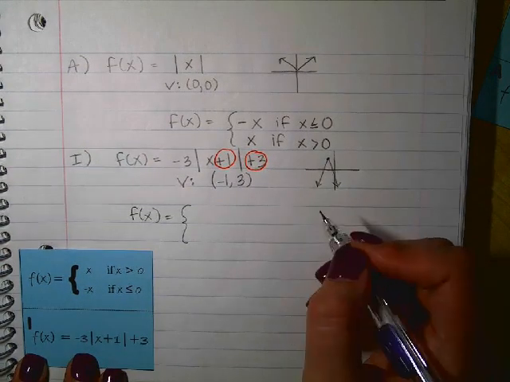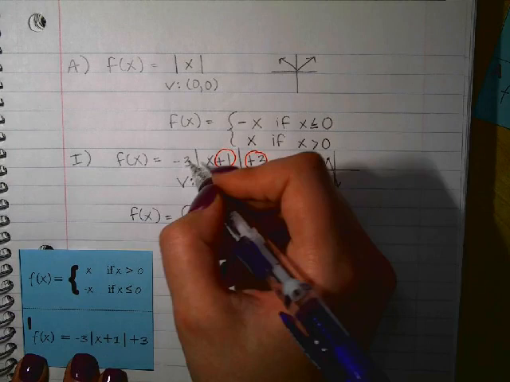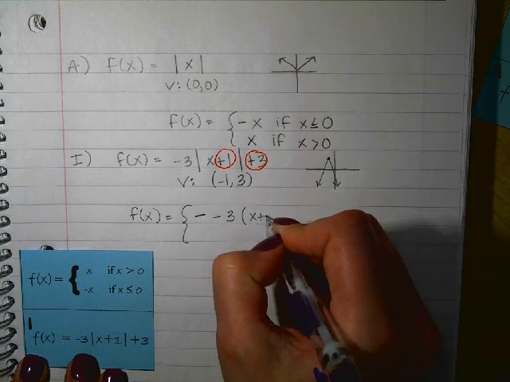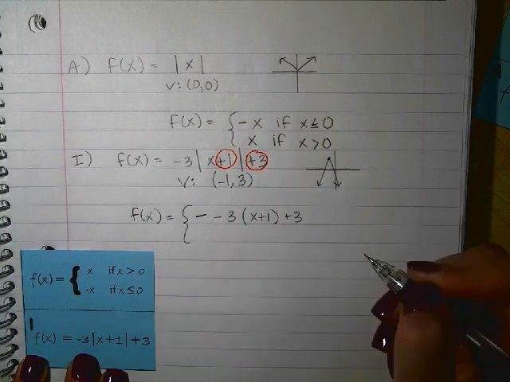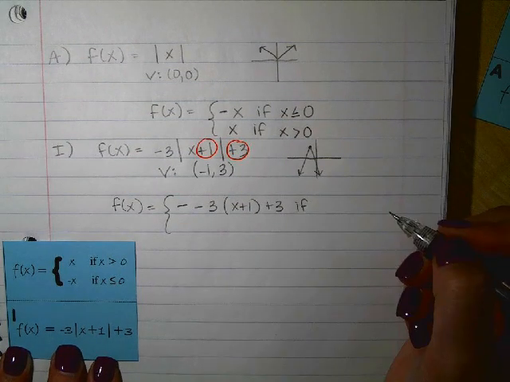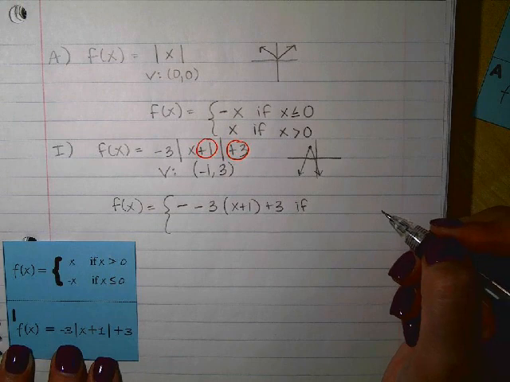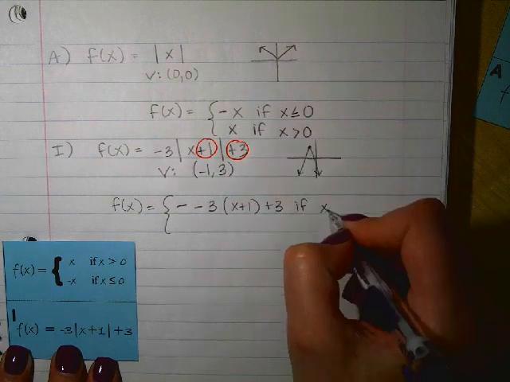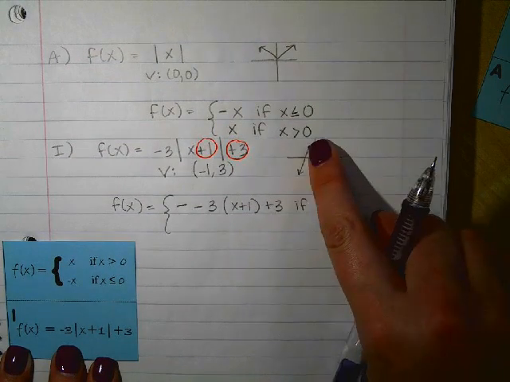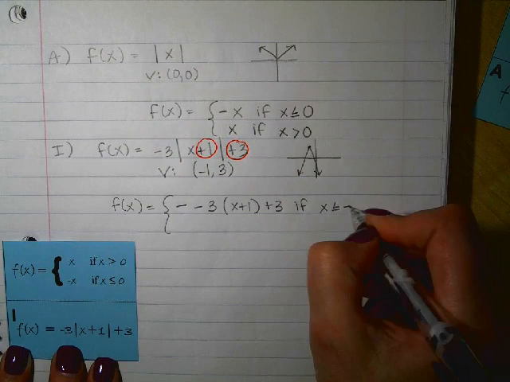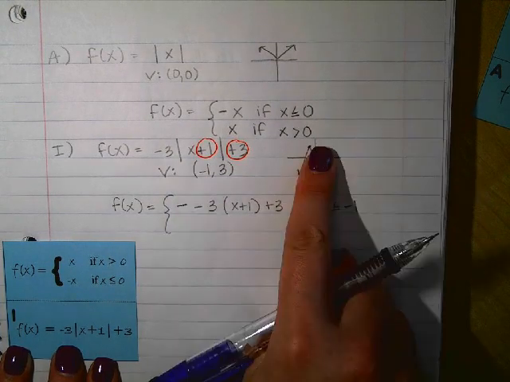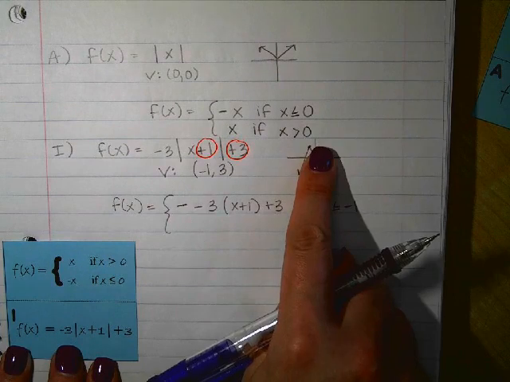We do the negative version, and it's already negative, so we're going to have the negative version of negative 3 times x plus 1 plus 3, if, and then we look at the x value, switch directions, -1. So we're finding the vertex because the x value of the vertex is where it switches. That's why it's important to find the vertex every time.